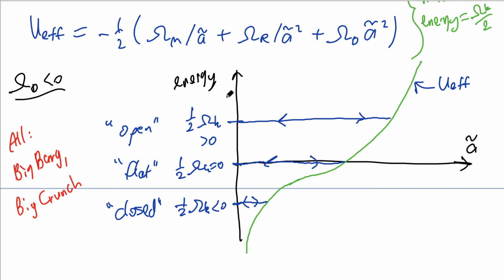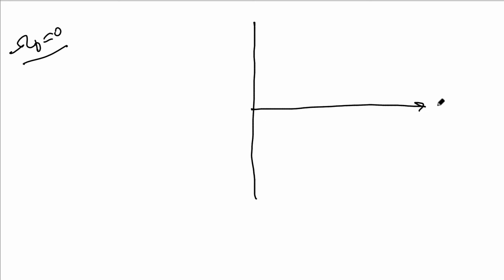Now let's consider the case in which omega d is 0, so this term is absent from the effective potential. So omega d equals 0, and this was the standard assumption in cosmology until relatively recently. The energy diagram looks like this: a tilde axis, energy axis, and the effective potential curve looks like this.